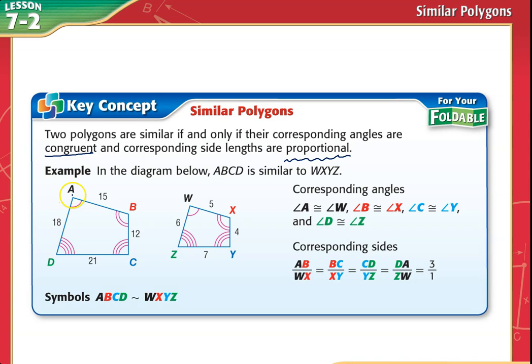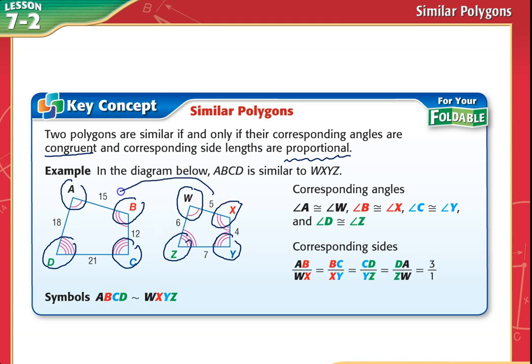Angle A here is congruent, so it has the exact measure as angle W. B has the same exact measure as angle X. D has the exact same measure as angle Z because they are congruent, and angle C has the same measure as angle Y. But what you want to notice is that the side lengths are not congruent, but they are proportional. 5 times 3 is 15, 4 times 3 is 12, 7 times 3 is 21, and 6 times 3 is 18.